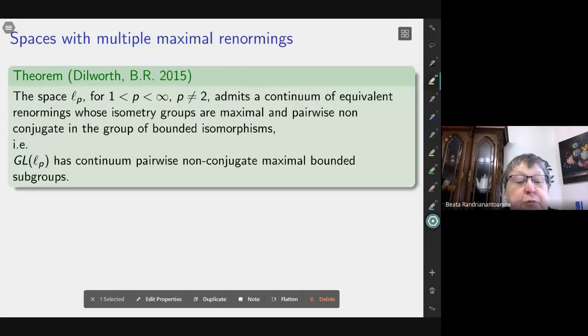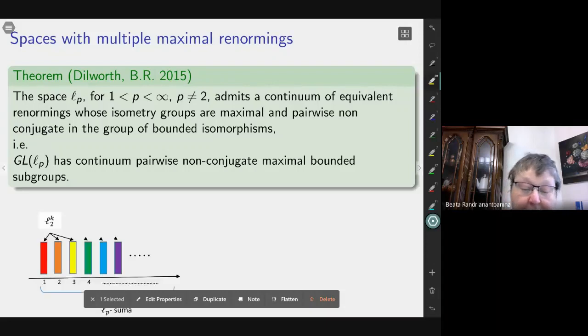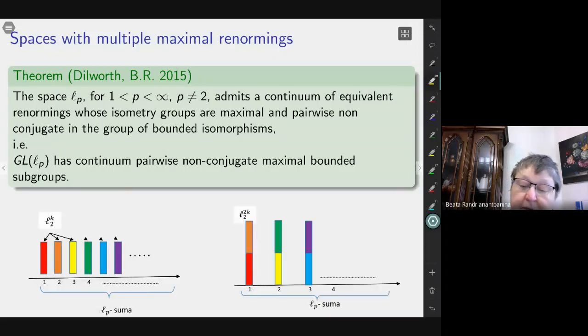All right. Well, so again, spaces with multiple maximal renormings. Let me show you the picture. So again, we say that the standard space LP admits a continuum of equivalent renormings, which are all maximal, meaning we have a big bunch of maximal groups, not just the original renorming, but this renorming.